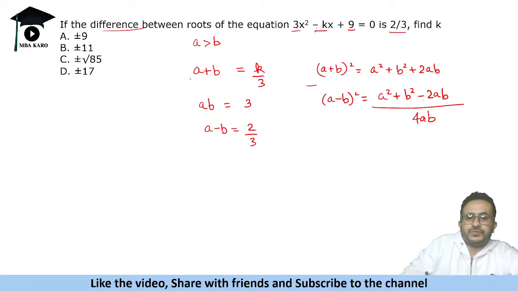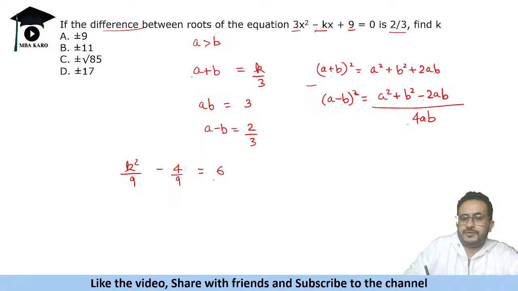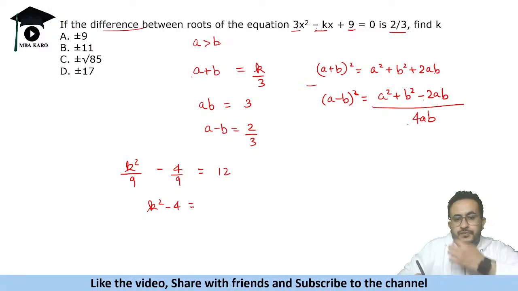So this square is k square by 9, minus (a minus b) whole square, that is 4 by 9, is equal to 4 times ab. ab is 3, so 4ab will be 12. So this means k square by 9 minus 4 by 9 is equal to 12.